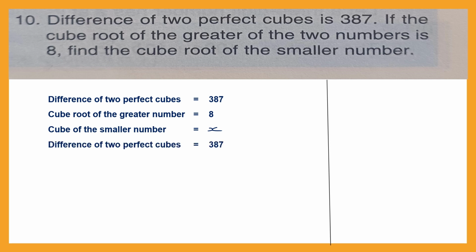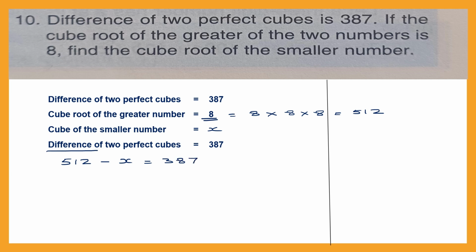And now to find out difference of the two perfect cubes. So the greater number is 8. This is the cube root. So if I have to find the cube of this, this will be 8 into 8 into 8, which is equal to 512. So difference of two perfect cubes means the greater number and the smaller number, when you subtract, that is the cube, you will get 387.